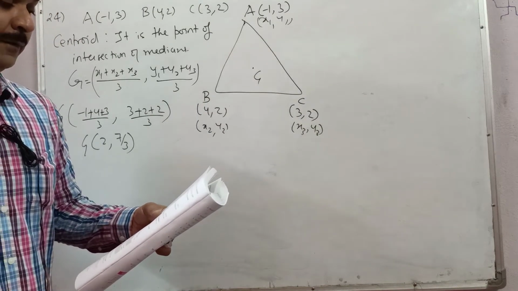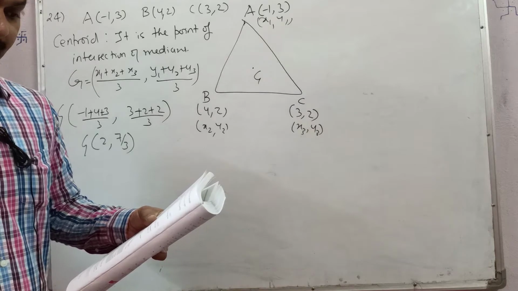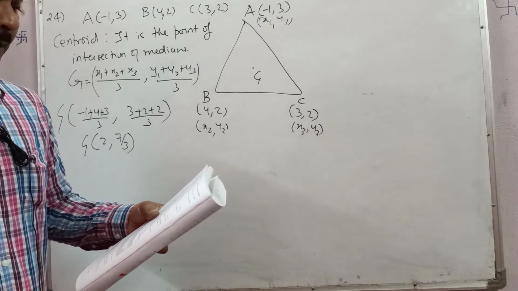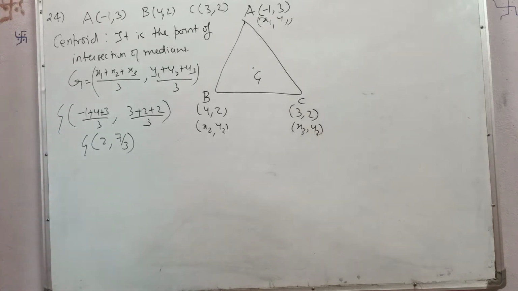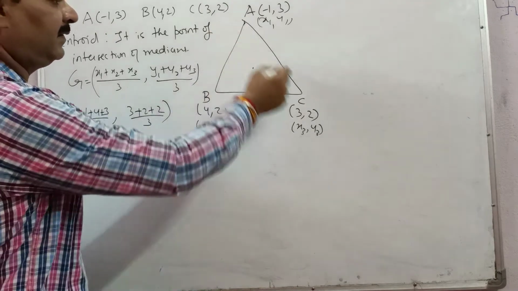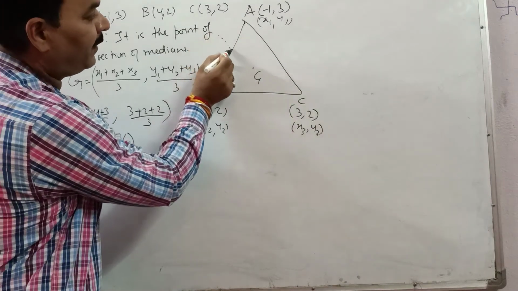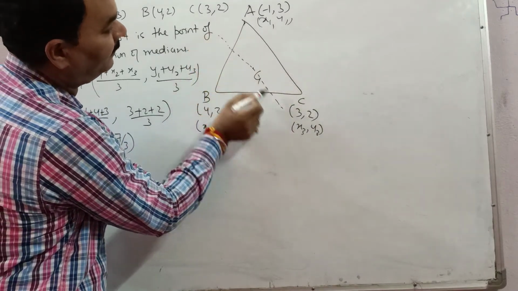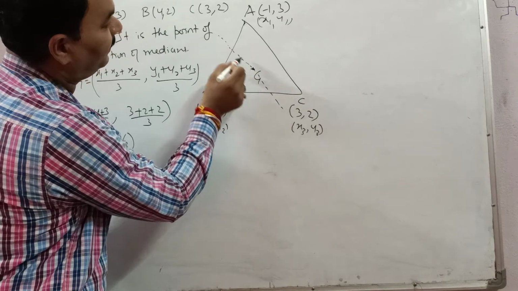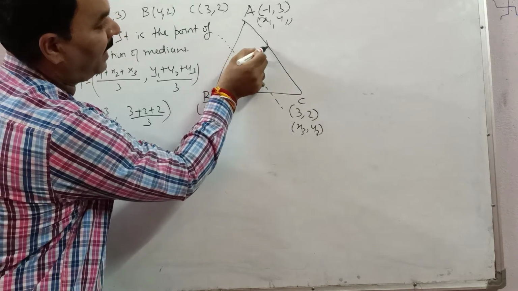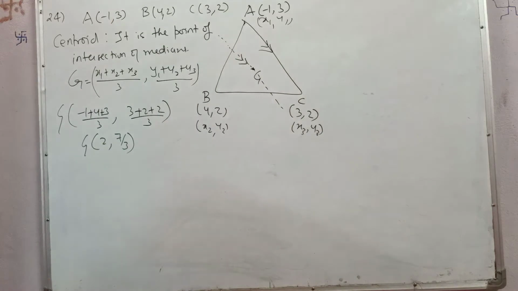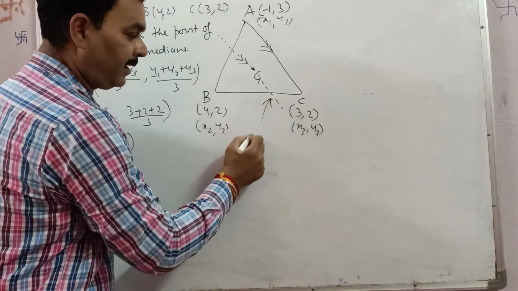Now you have to find the equation of the line through G and parallel to AC. Okay, this is AC and we need to find the equation of a line which is passing through G and is parallel to AC. So this is our required line.